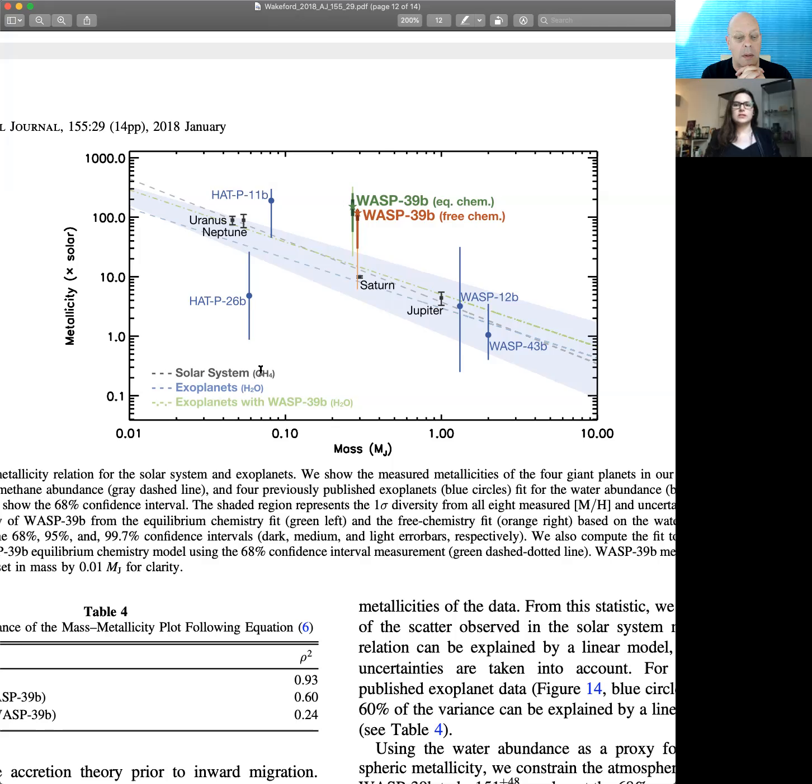So this likely suggests that WASP-39b itself, the planet, formed very far out in its planet's disk, which allowed it to acquire lots and lots of ices, lots and lots of heavy materials in its atmosphere, which then contribute to the overall abundance of these materials. And then it would have had to have migrated in to where it is today. So it gives us a little bit of a clue about how these planets formed and what they had to have been formed of, so that they get these amounts of material that we're just measuring. Wild. Okay.